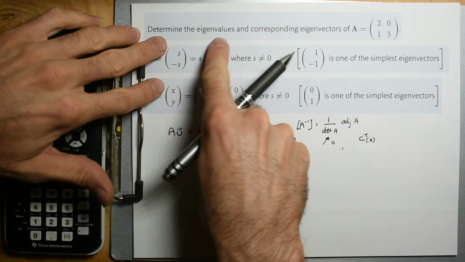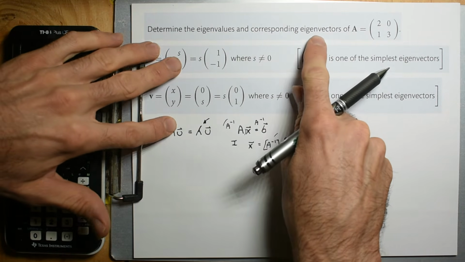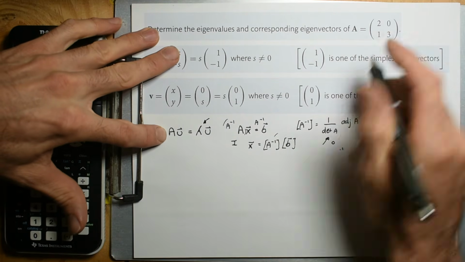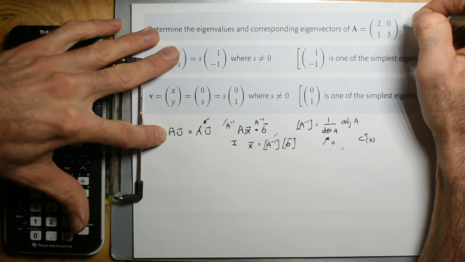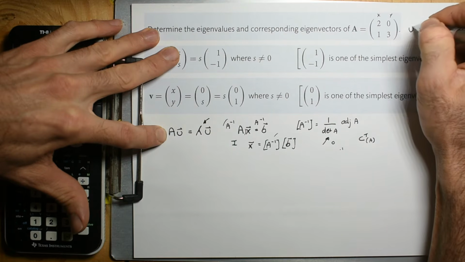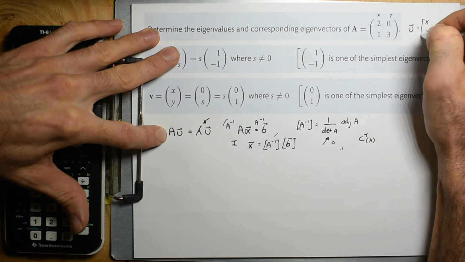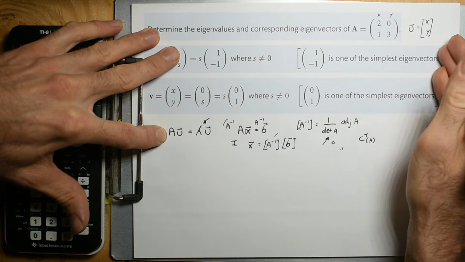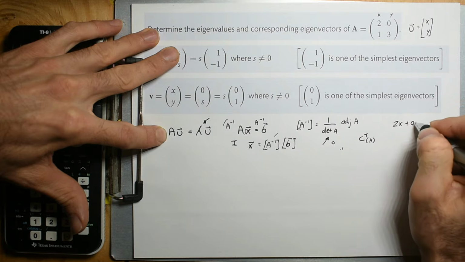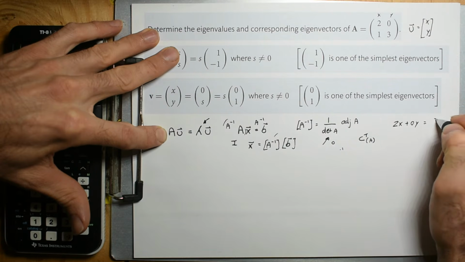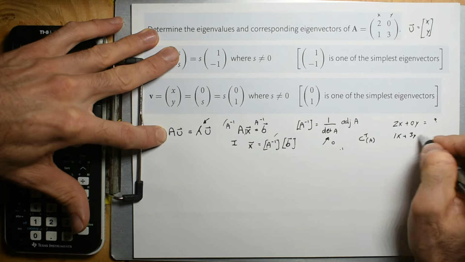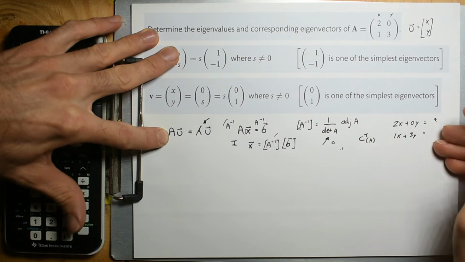It says determine eigenvalues and the corresponding eigenvectors of matrix A. So if this is matrix A, multiplied by U, which is going to be in the form of xy, then AU is 2x plus 0y equals something we just don't know yet. That's just that side of the equation. And then we have 1x plus 3y is equal to something.